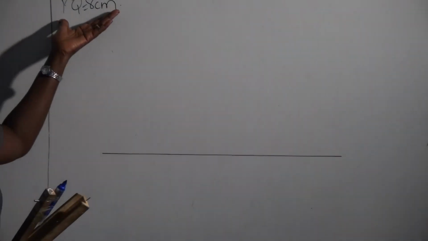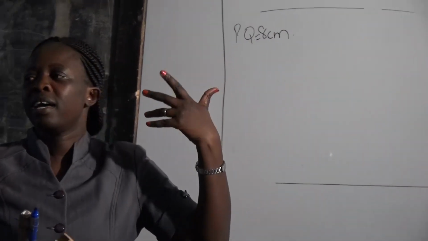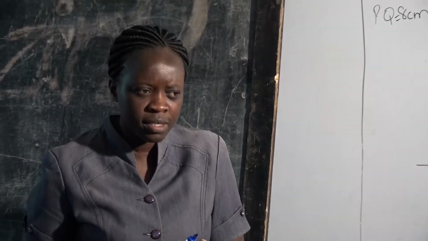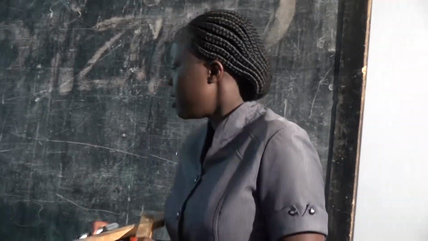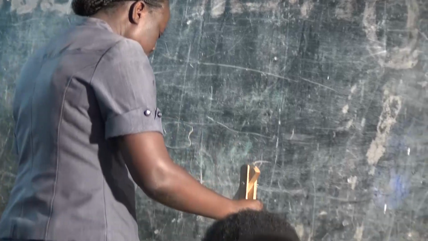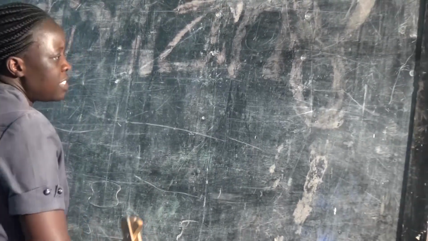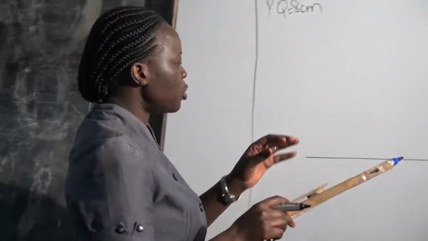Then what do we do? Measure. In this case, I'll choose my base to be PQ. So measure 8 centimeters, using your pair of compasses from the ruler. After measuring your 8 centimeters, you come to your line.